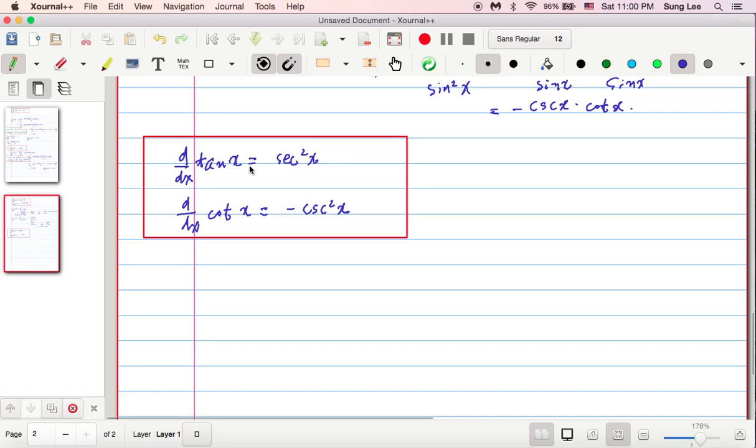Okay, so let us calculate the first one. So d/dx of tangent of x. Tangent is by definition sine over cosine. So sine of x over cosine of x.